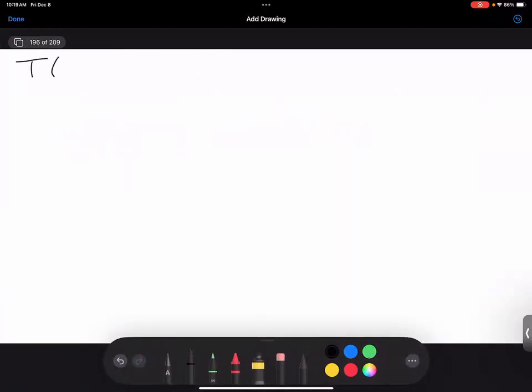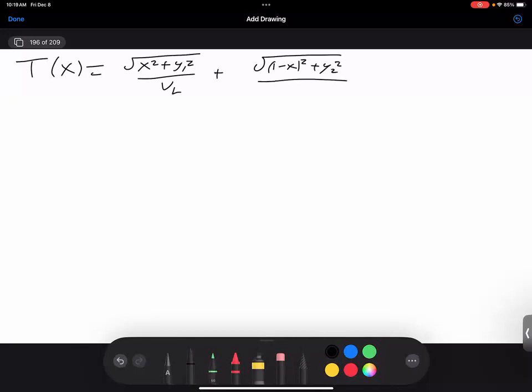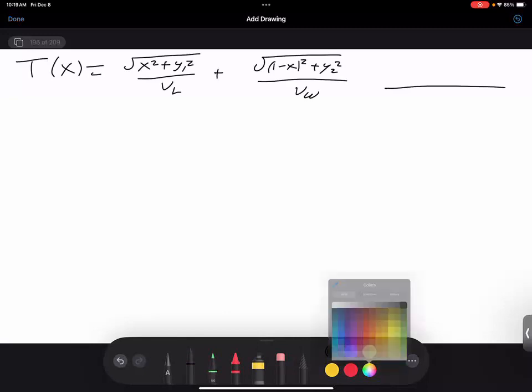So let's consider again, T of x is the square root of x squared plus y1 squared over V land plus the square root of 1 minus x squared plus y2 squared over V water. And it looks something like this.